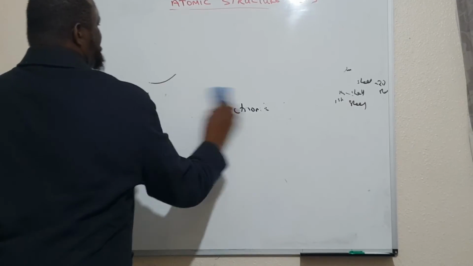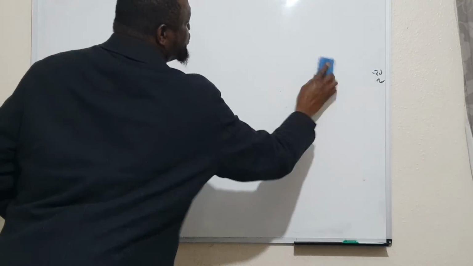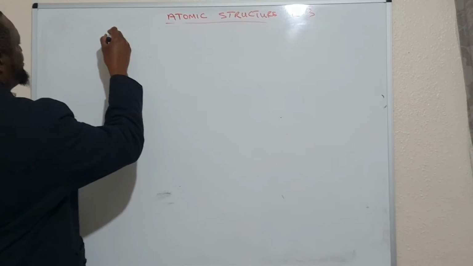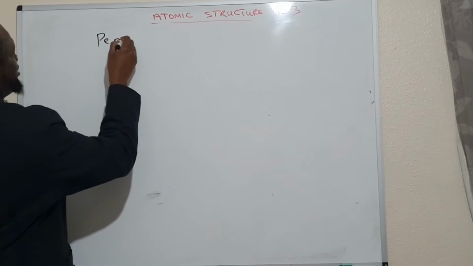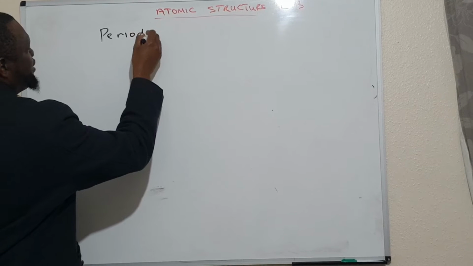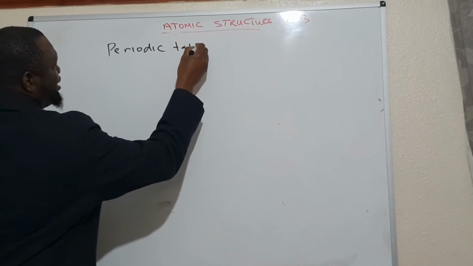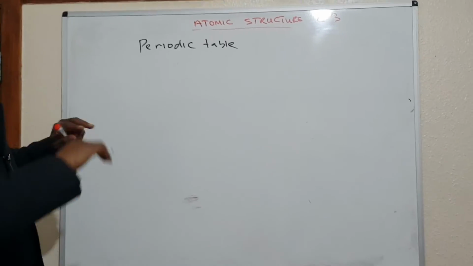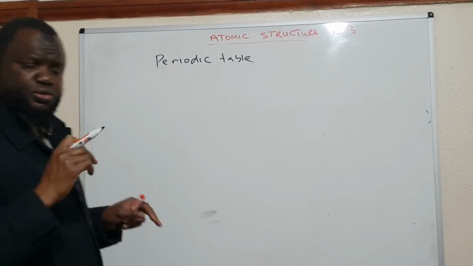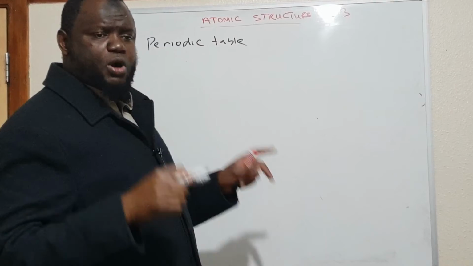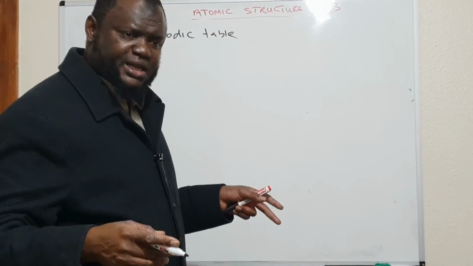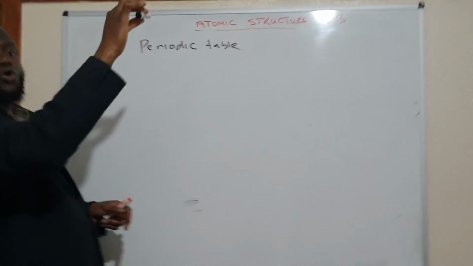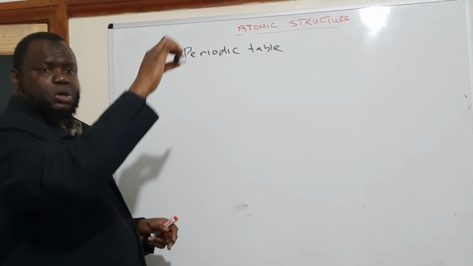Now, let's look at the periodic table. I'll go over everything again and make sure that we don't leave anything out, according to the syllabus. The periodic table is very, very important in chemistry. You must know this. The elements are more than 100, about 126 I think, and these elements are arranged in a tabular form.